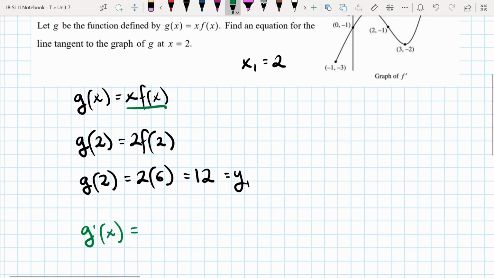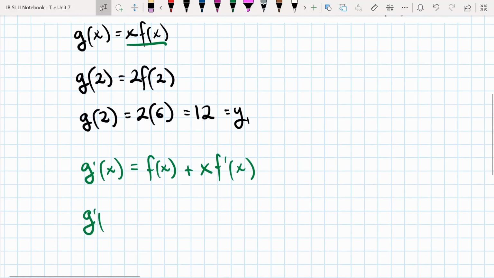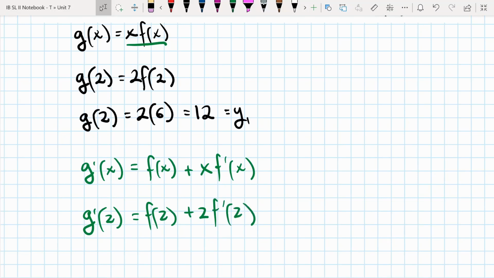Okay, if g is equal to x times f of x, g prime, using the product rule, is going to be equal to f of x, derivative of x is 1, times f, plus x times f prime of x. Now let's find g prime at x equals 2. So f of 2 plus 2 f prime of 2.